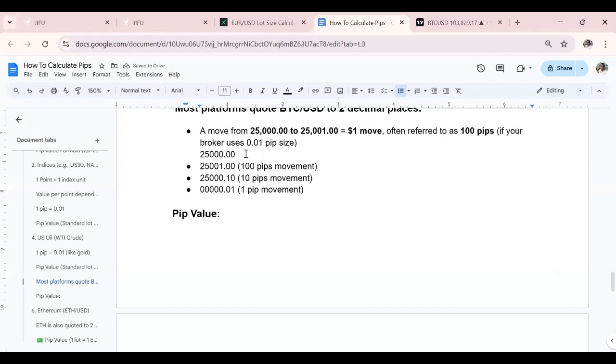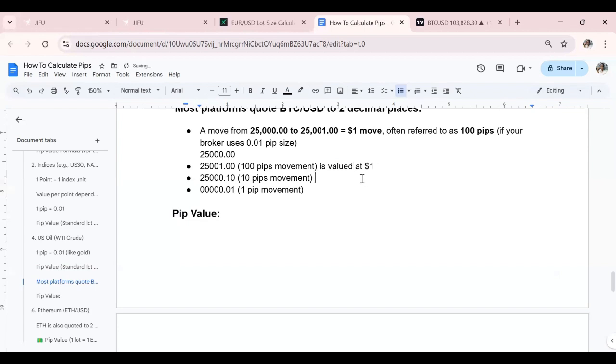So now, if BTC moved from 25,000 to 25,001, that 100 pips movement is valued at $1. This values at $1.